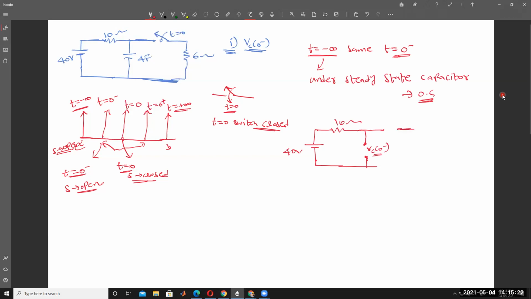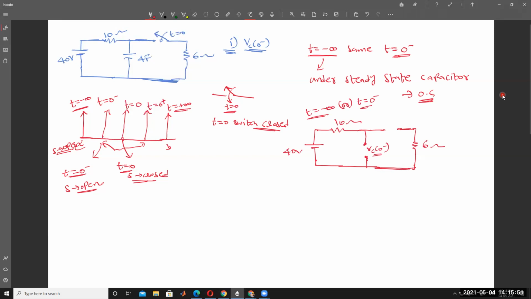This is the switch, open circuit, and then this is a 6 ohm resistor connected like this. So this is the circuit at t equals minus infinity, or at t equals 0 minus also. Understood? Before the switch is closed, it is open.